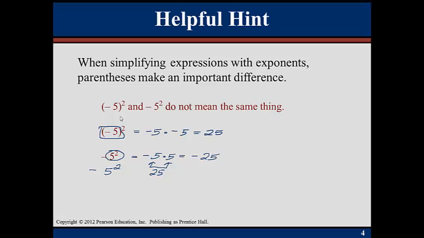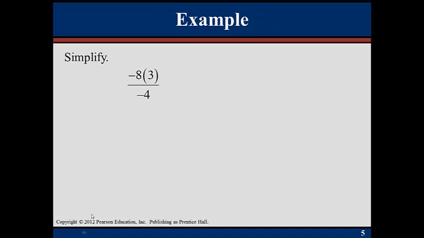So again, be careful with exponents if you see parentheses and when you do not see parentheses. Let's work some examples. So it says simplify. So we're going to do our order of operations. Let's work with the top first. So it says -8 parentheses 3.